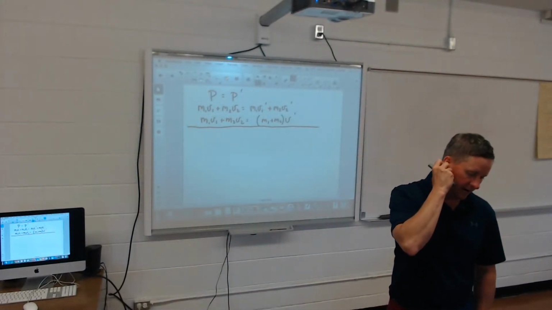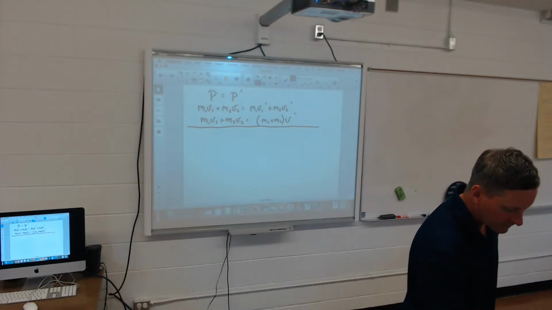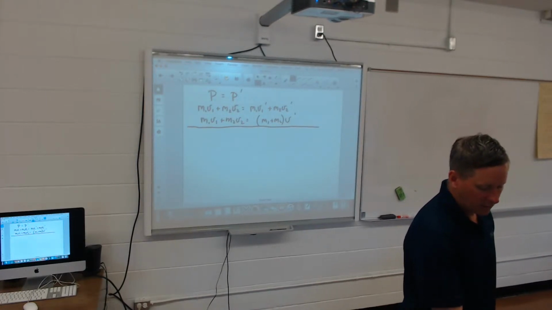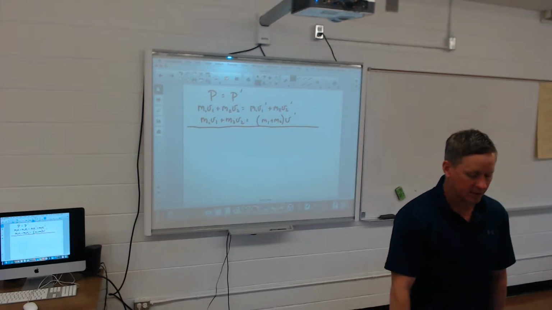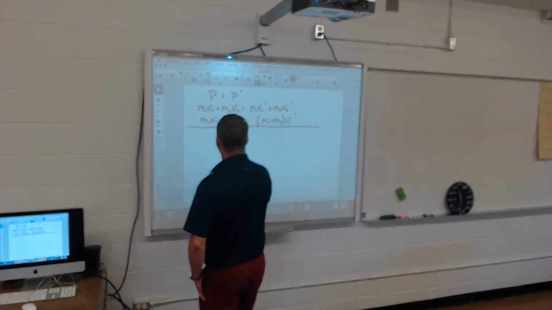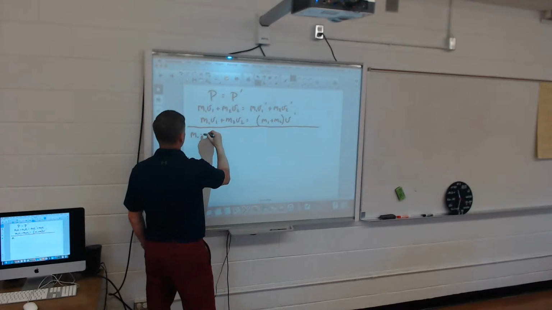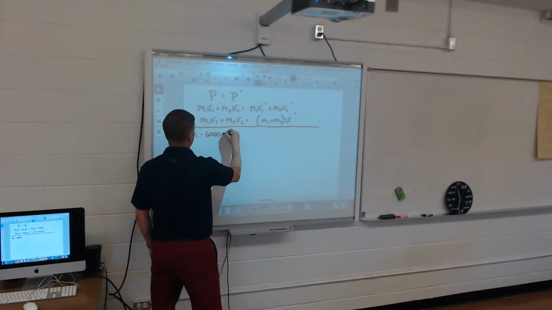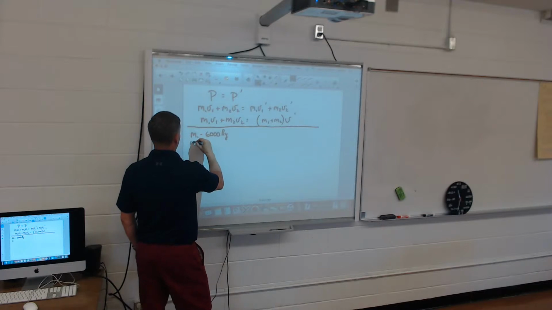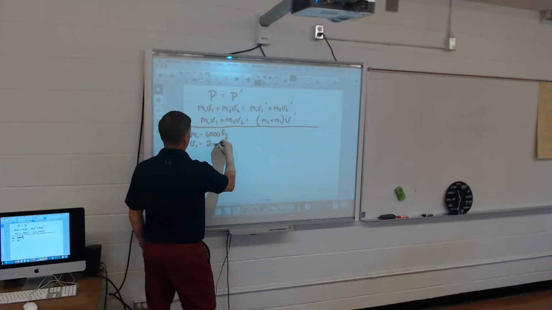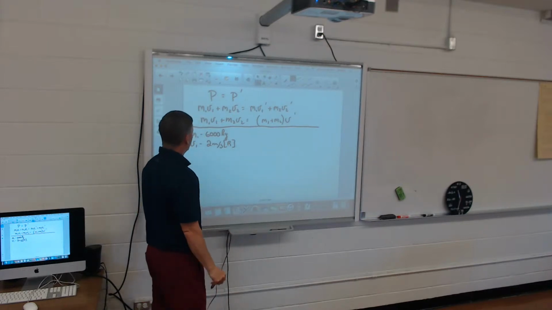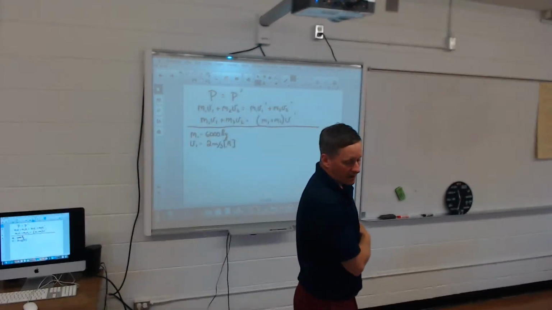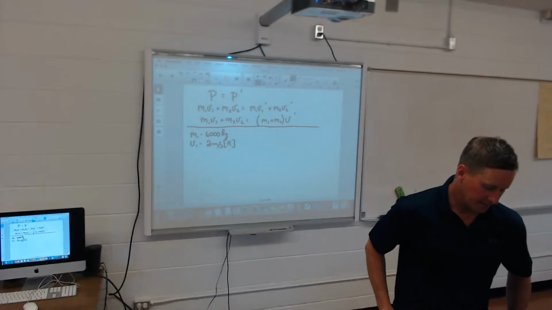All right? So this is what we are going to use right now to help us solve a few problems. So on page 300, it says a loaded railway car of mass 6,000 kilograms is rolling to the right at 2 meters per second. So M1, V1, 6,000 and 2 meters per second to the right.